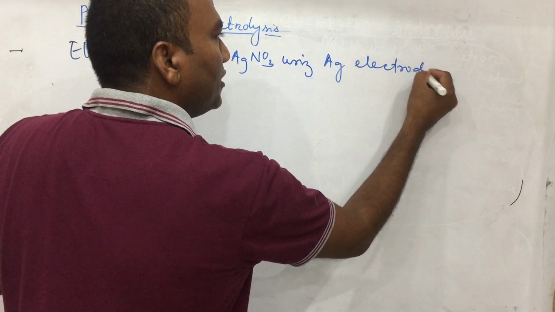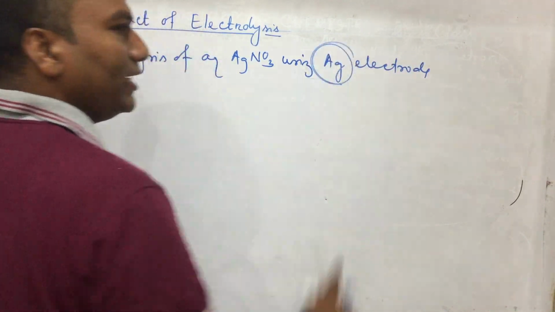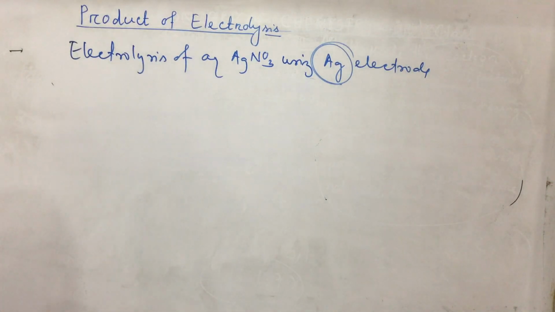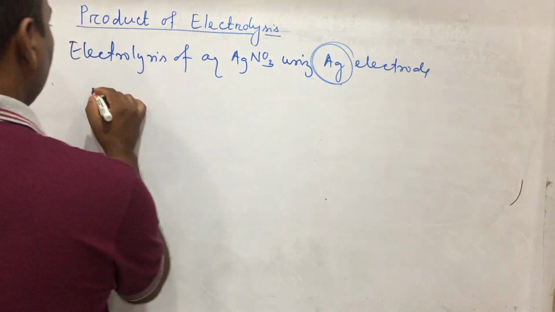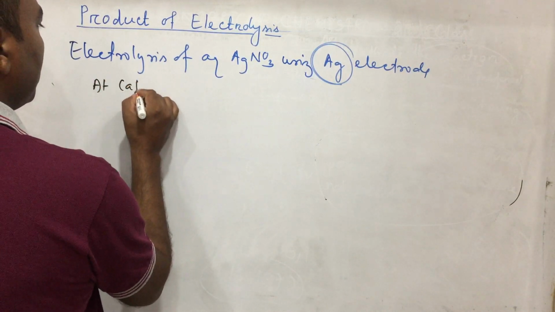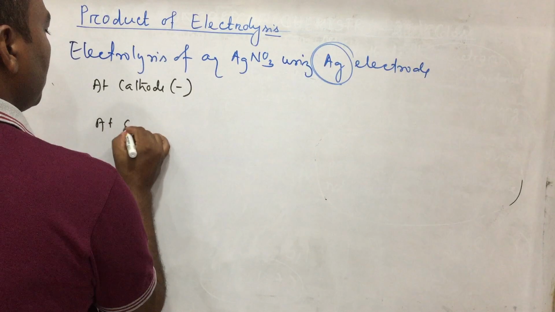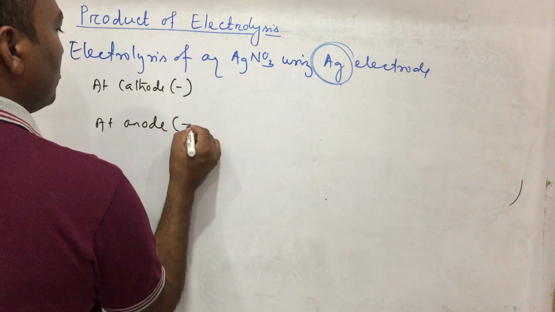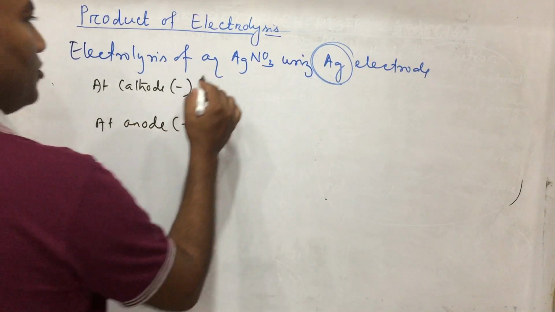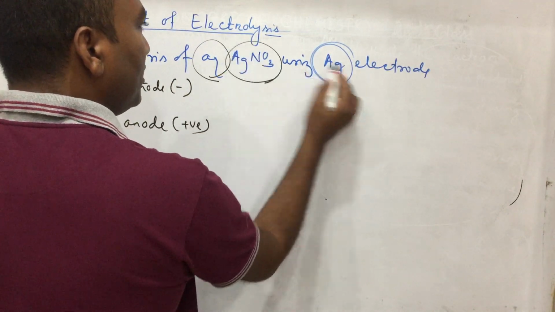Here the electrode is not inert. So first is the cathode, the negative electrode, and another is the anode, the positive electrode. Now see, aqueous AgNO3 with silver electrode.